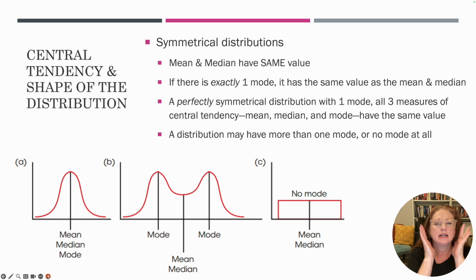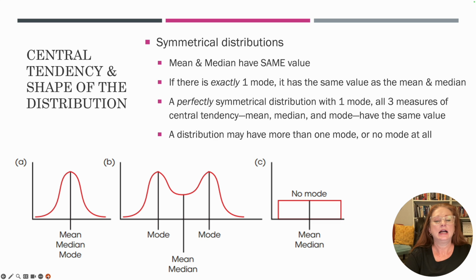Okay. A little talk again about symmetrical distributions. With symmetrical distributions, the mean and the median have the same value. If it's perfectly symmetrical with only one mode, the mean, median, and mode all have the same value.